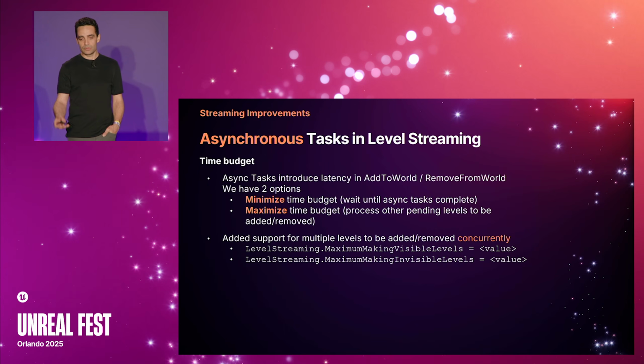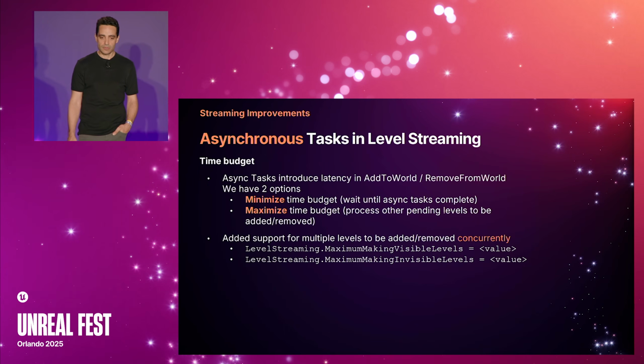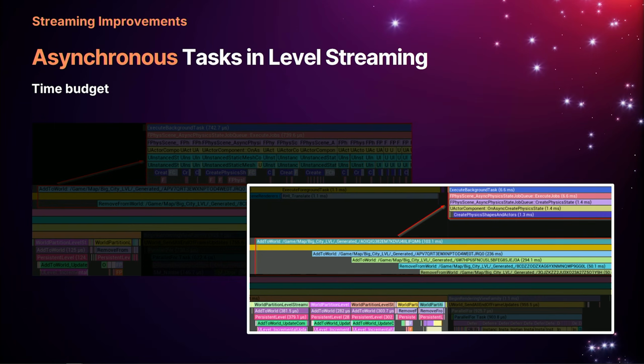And these are the two console variables to set up. Here we can see that multiple add to world and remove from world calls were initiated within the same game thread time budget, however, none of them actually completed during that frame. Instead, they each kicked off asynchronous tasks, and most of them will likely finish on the next frame.